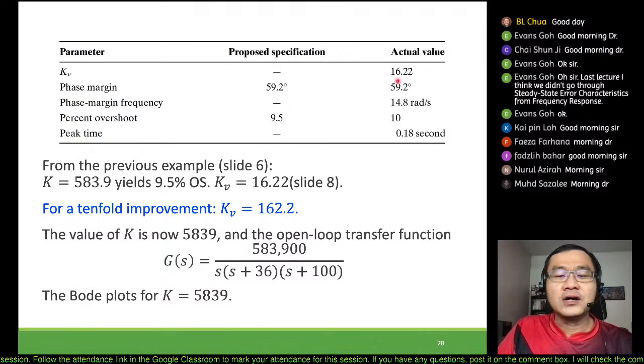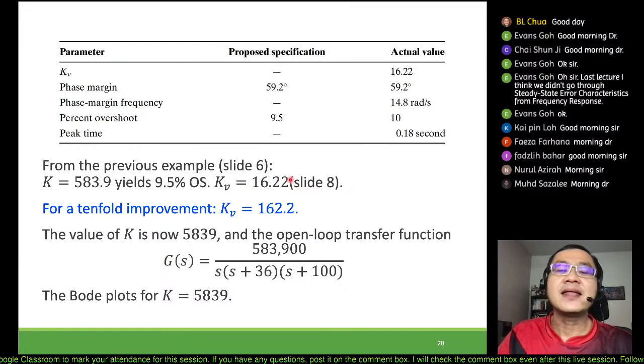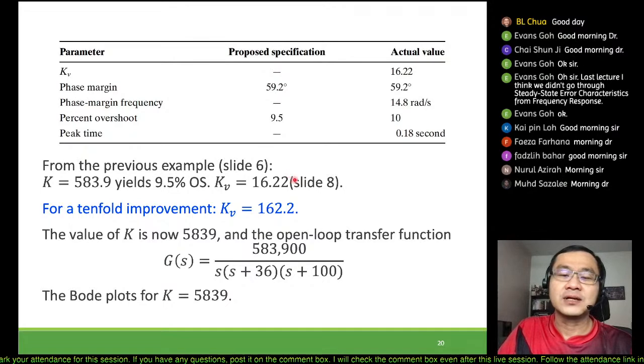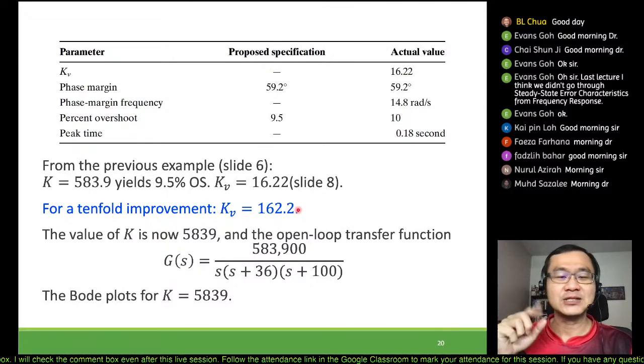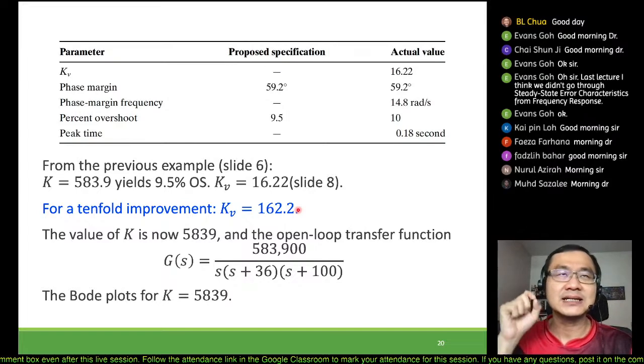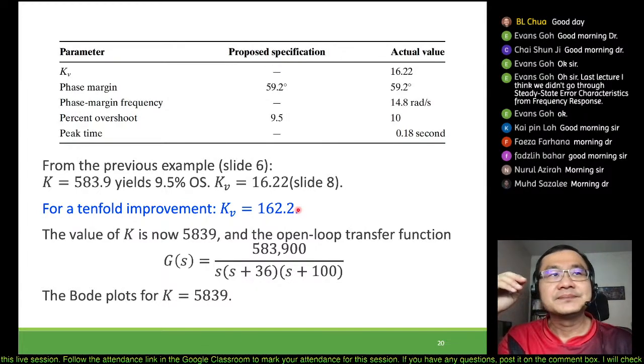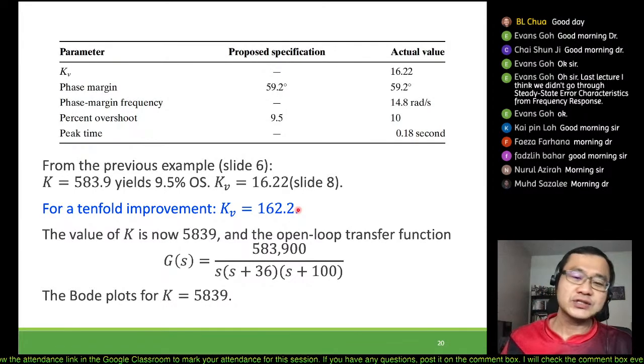So in order for us to get a 10 times improvement, meaning this Kv value has to be multiplied by 10. The constant must be 10 times greater. When this value is 10 times greater, the error will reduce 10 times.